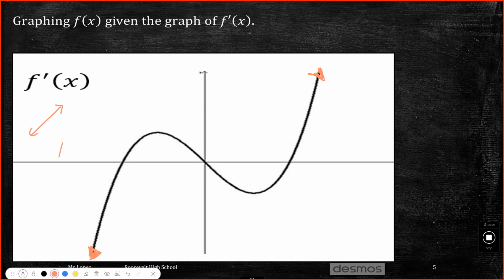A second degree is a parabola. A third degree, like a sideways S. A fourth degree, like a W. So, if you take a derivative of a fourth degree, you get a third degree, which is this. So what we're looking for is a fourth degree, some W looking thing.